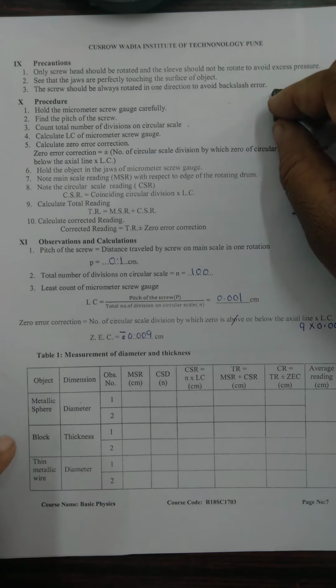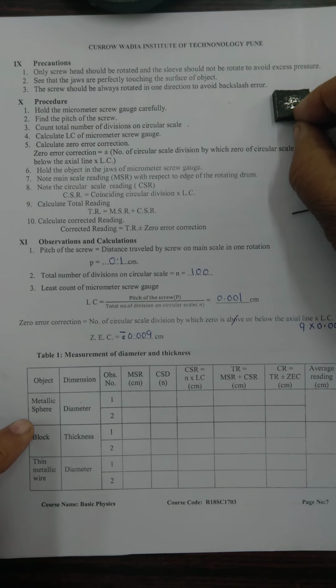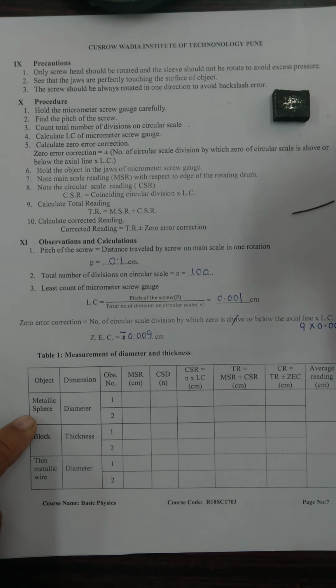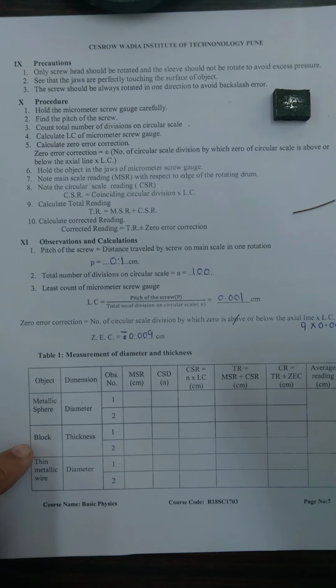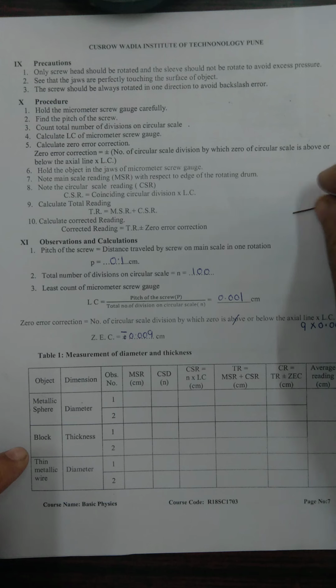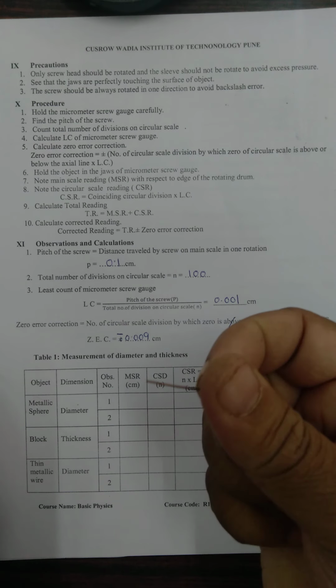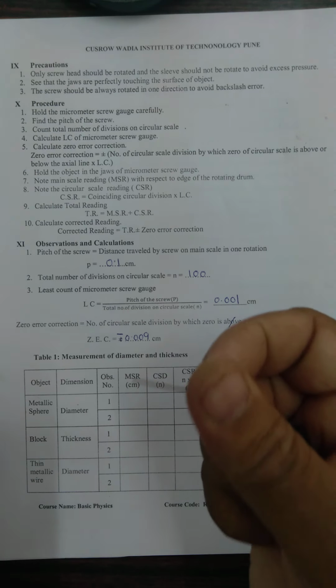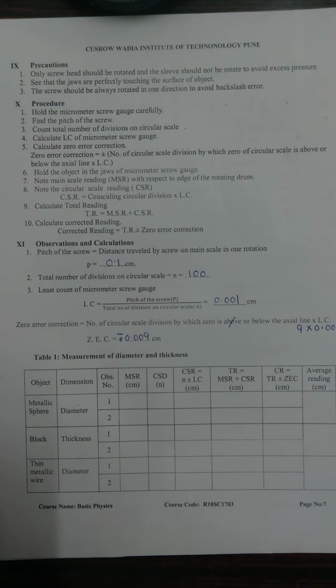Okay, here I'm supposed to measure the dimensions of a sphere. I have got the sphere, then this block or this plate and the thin wire. I'm going to measure the dimensions of these 3 objects. How to do that?